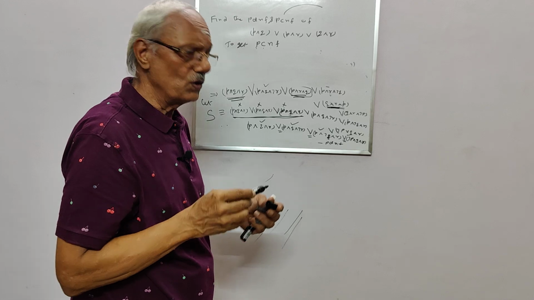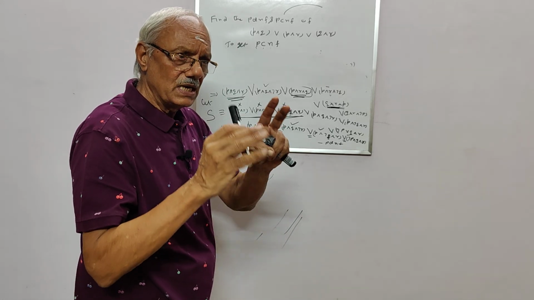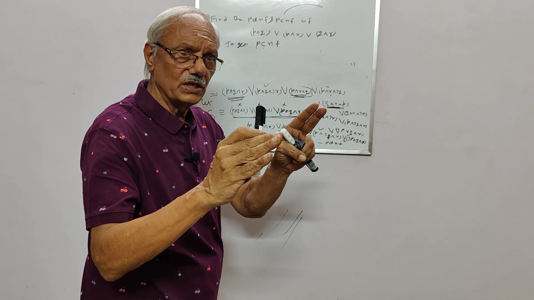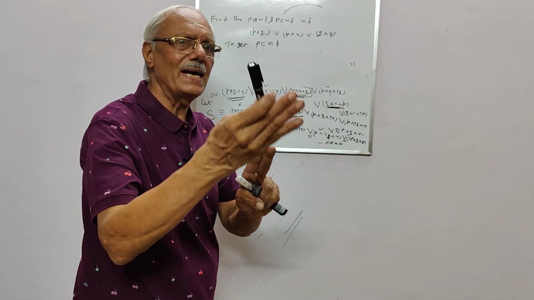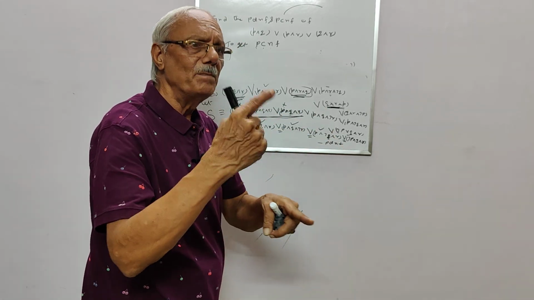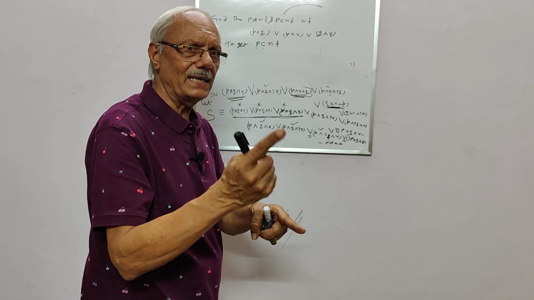Principal conjunctive normal form. What is the meaning of that? Conjunctive means conjunction of max terms. If it is PDNF, it is disjunction of min terms. PCNF means conjunction of max terms.